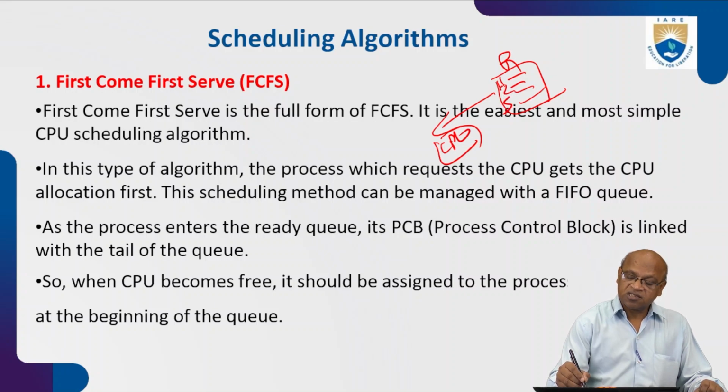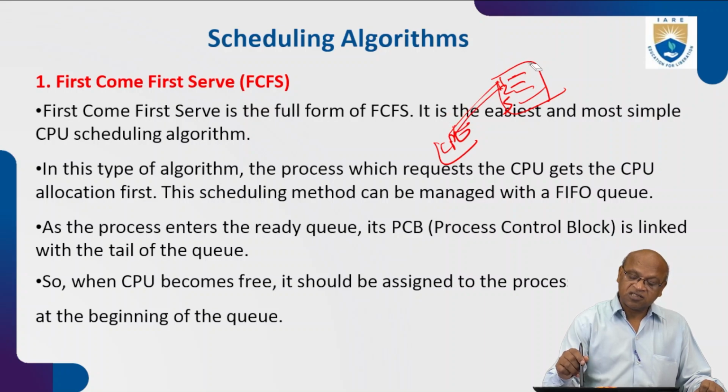Whichever instruction comes first to your CPU, the CPU is allocated by the OS to execute this user program. After completion of the first instruction, the second instruction will come to the CPU for execution. This is the first come first serve basis.